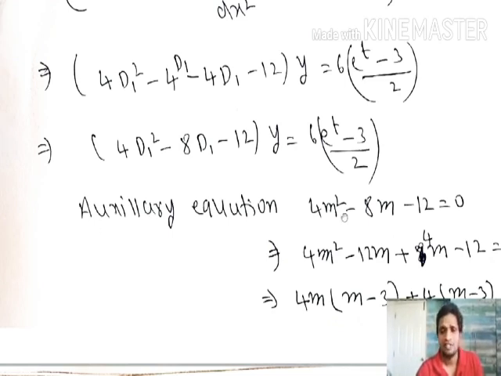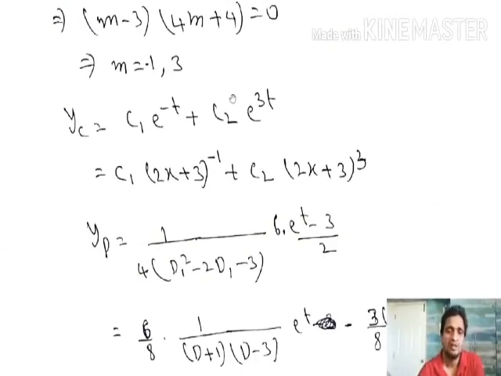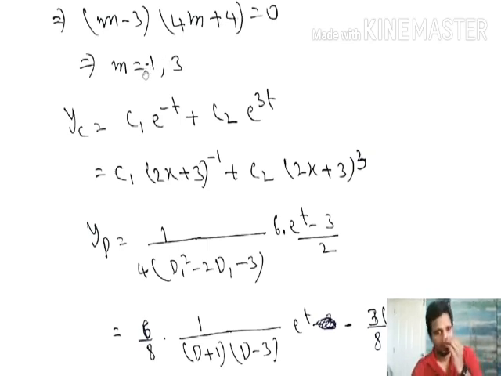So the auxiliary equation will be 4m square minus 8m minus 12 equal to 0, and I can factor. So the values are (m minus 3) into (4m plus 4) equal to 0. m minus 3 gives 3, 4m plus 4 equal to 0 gives m is equal to minus 1. This is our yc.